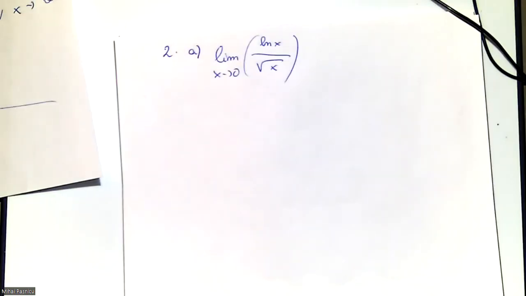Before applying L'Hopital, always check for the case. Although the problem tells you to apply L'Hopital, you have to be like, problem, you're wrong. I have to check before applying it. If it works out, I'm going to apply L'Hopital. If it doesn't work out, it is what it is.